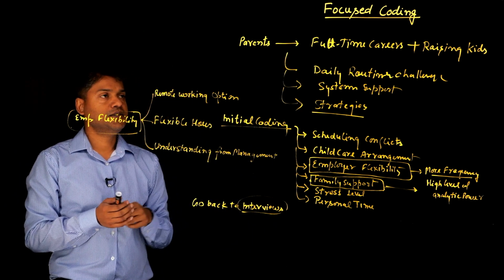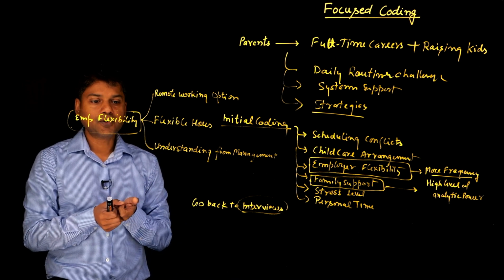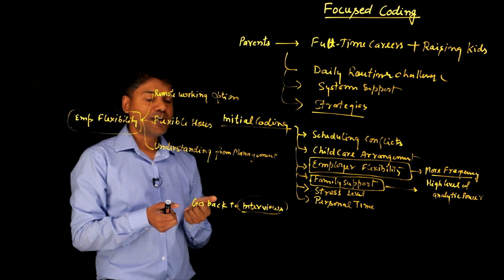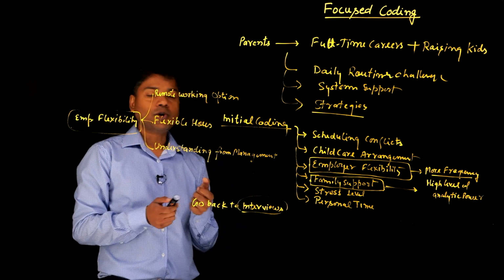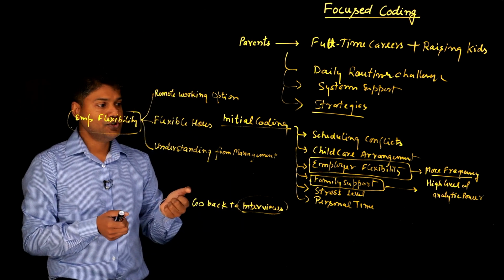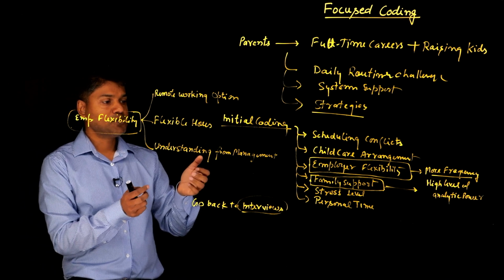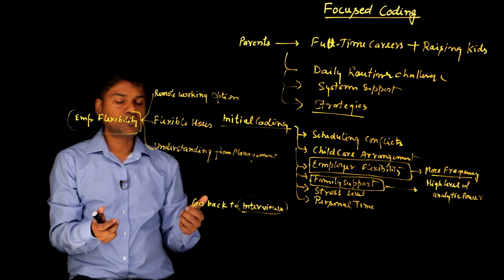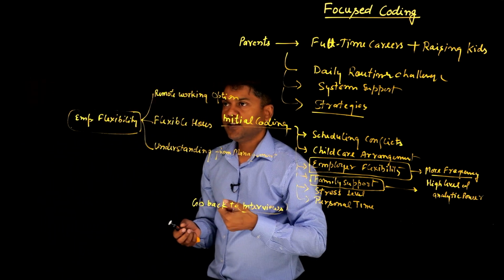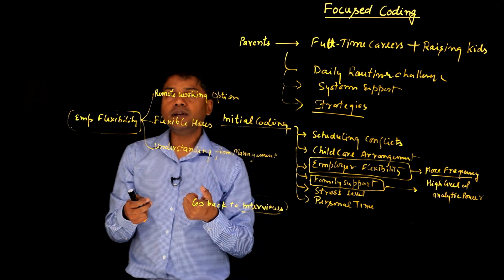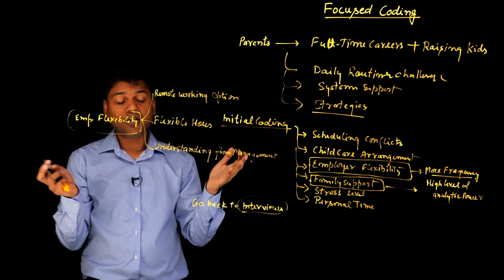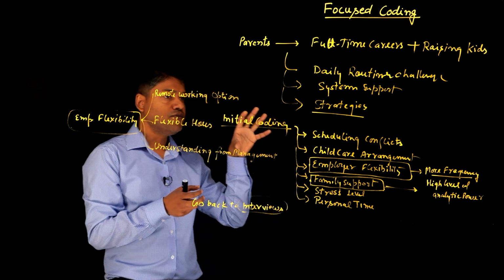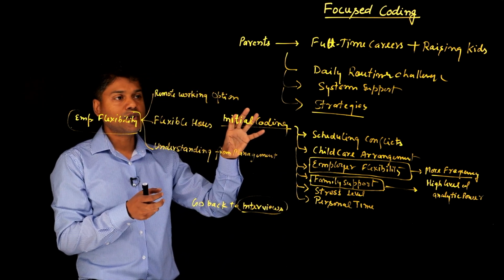Focused coding is, as the word itself says, focused. So it's like having a searchlight. If you have a torch or a searchlight and you flash it here, it will not help me see the whole room, but it will help me see very clearly the focus of the light. And this is what happens.